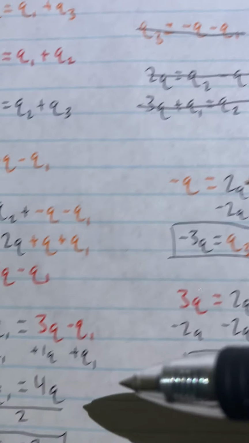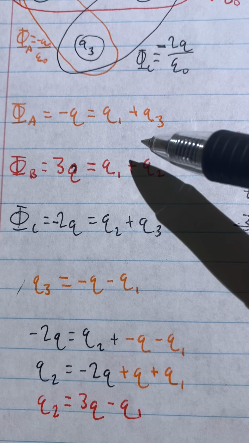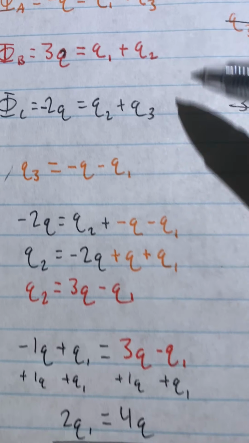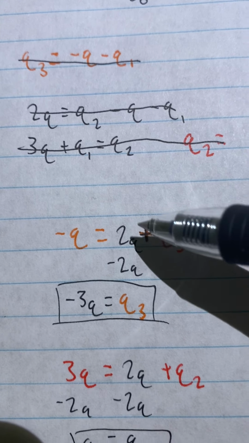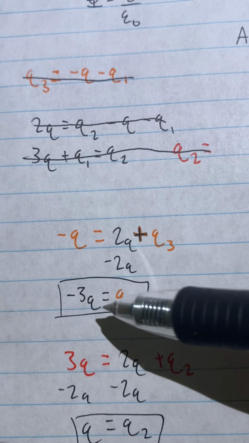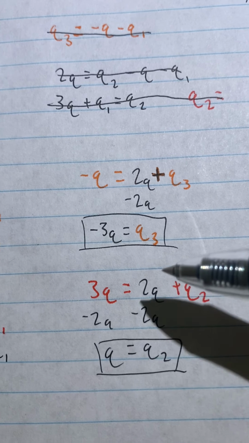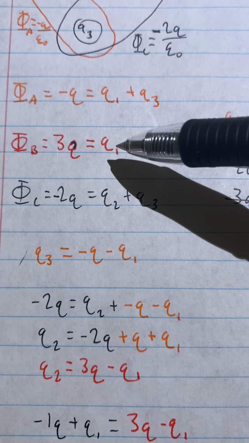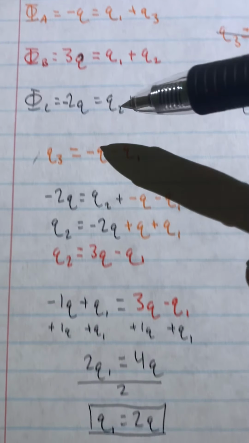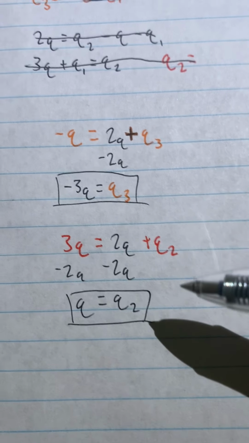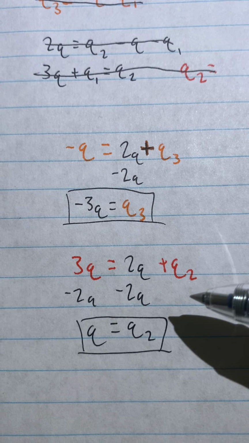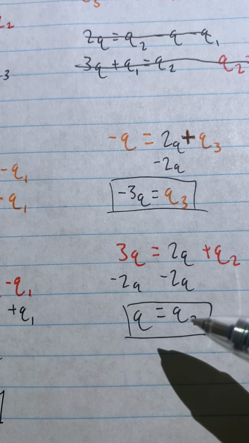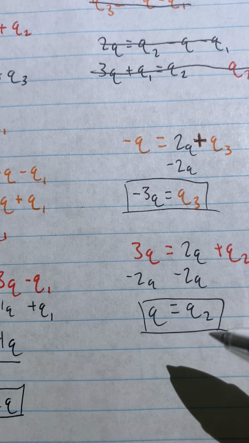So if that's q1, then we can solve for q3 by plugging it in. We got q1 equal to 2q, and solving that gives us q3 equal to negative 3q. Then solving for q2, plugging in 2q as q1, we get 2q plus q2 is equal to 3q, and then solving gives q2 equal to q.